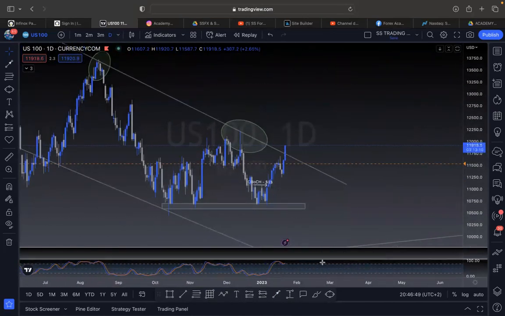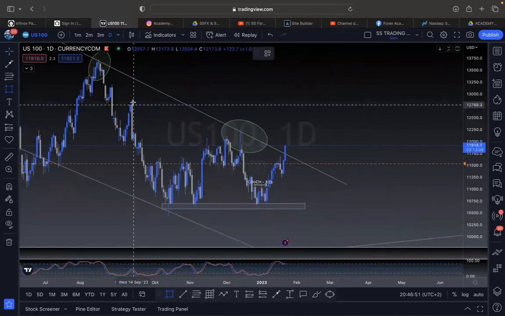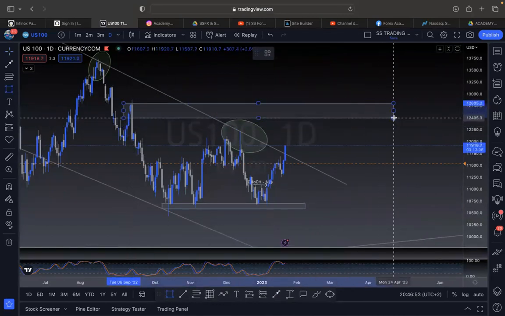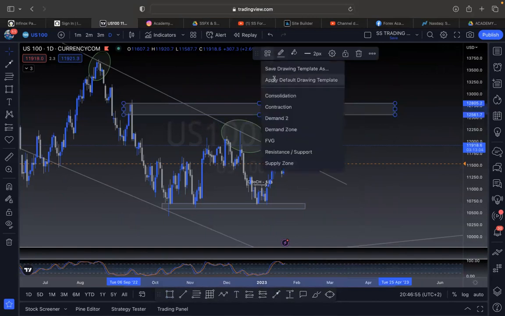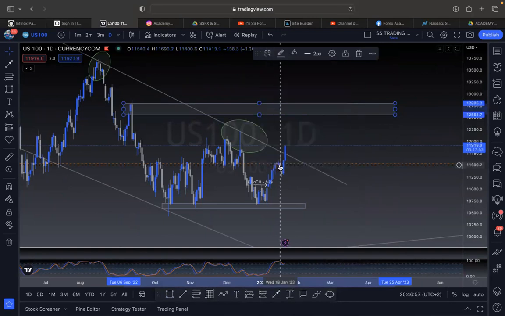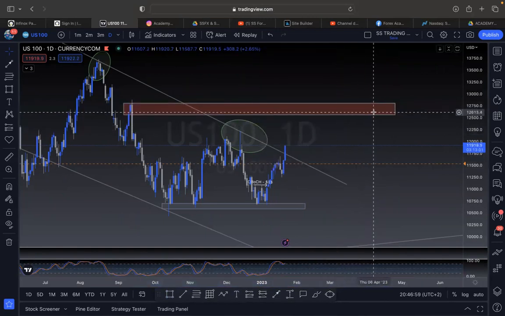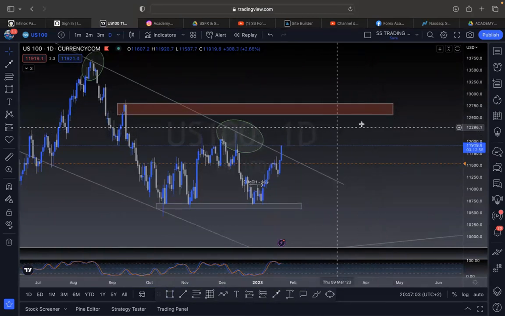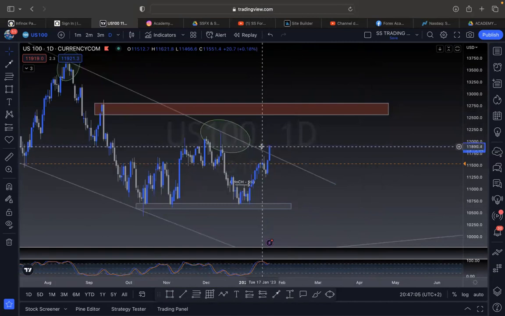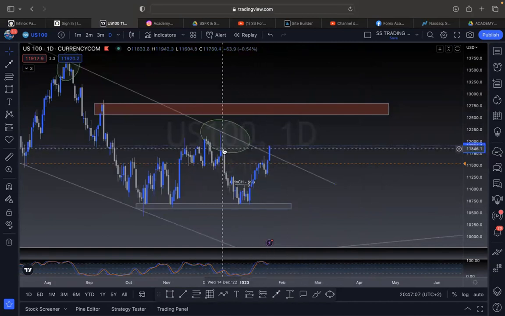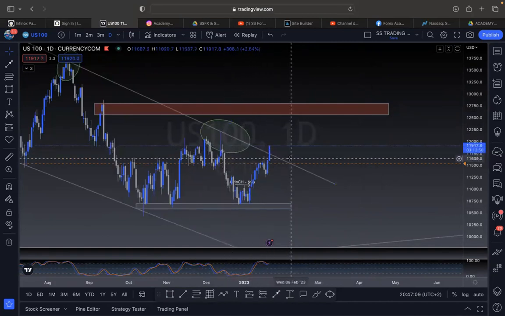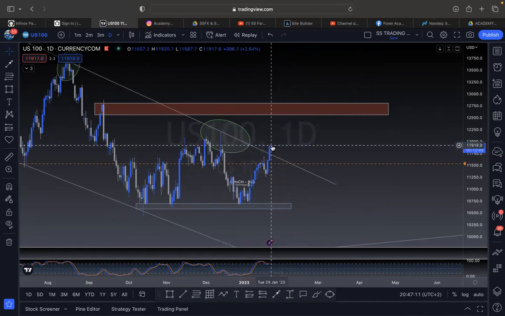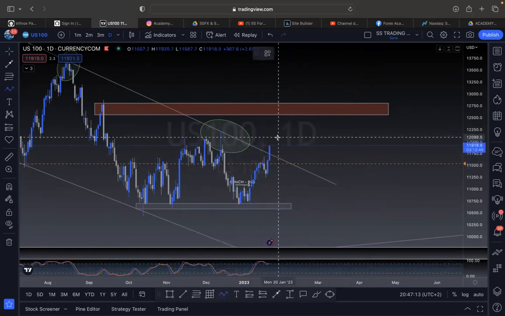there's an area that I want to bring to your attention, which is up here. So we've got a supply zone sitting at 12,600, which is about 6,000 pips away. So if this daily candle can close above, firstly, this high, and secondly, above this trend line, then we've got targets.